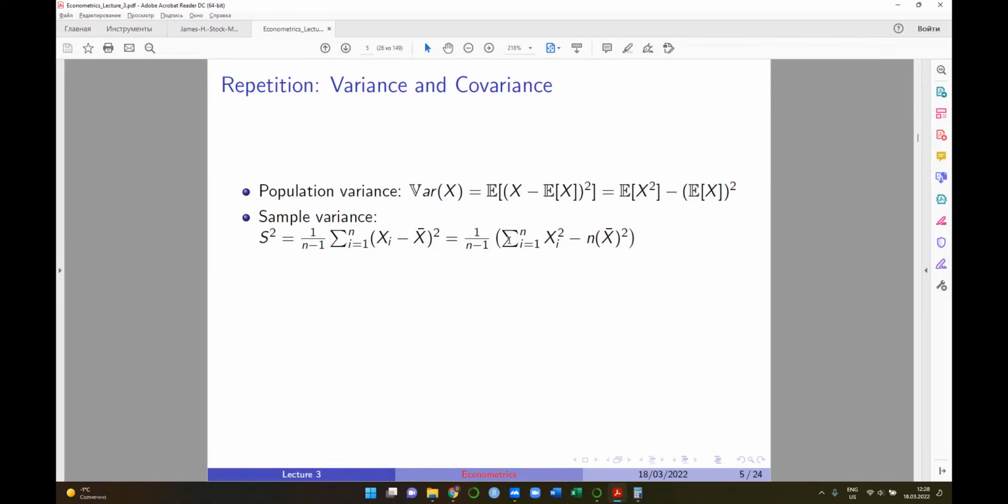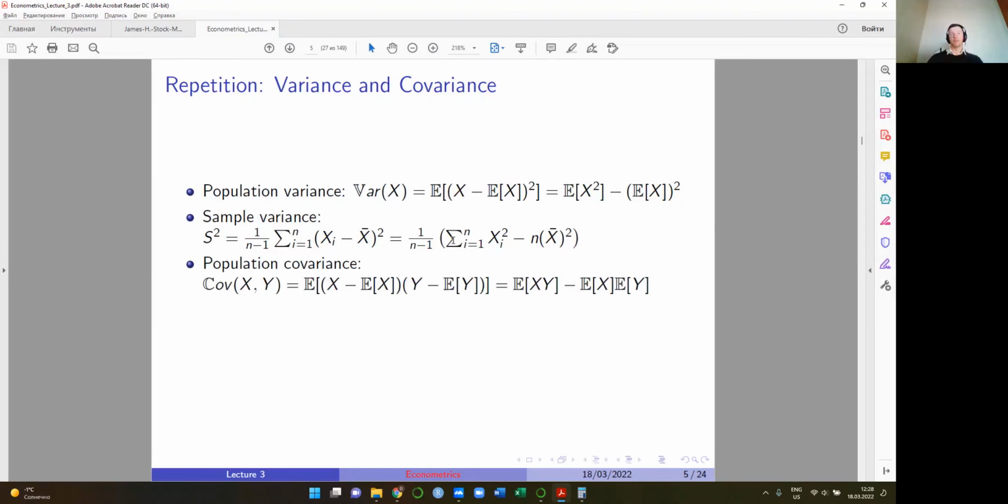So the population covariance is another measure that must be familiar to us from probability course. So covariance is something similar to variance, but instead of one variable, we have two variables, x and y.